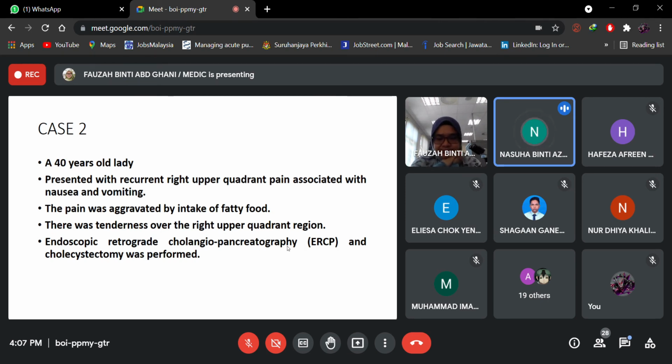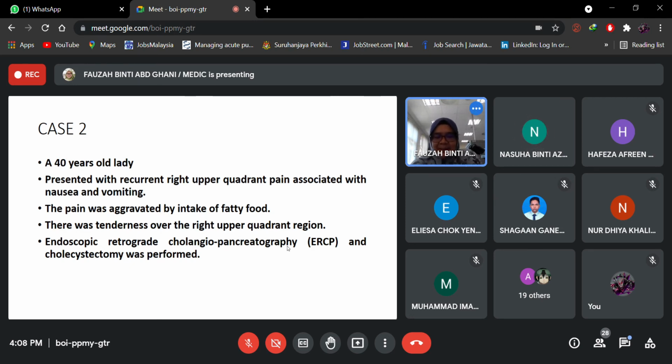It could be liver or kidney or pancreas or gallbladder or some parts of the small intestines. And the lady also has nausea and vomiting. And the lady has gone for ERCP and cholecystectomy, which indicates that the problem is in the gallbladder. Okay, disregard the ERCP first. Up to the history and examination, what can you make up?